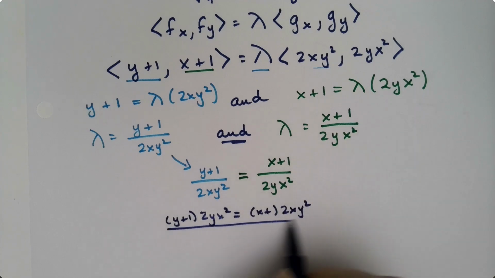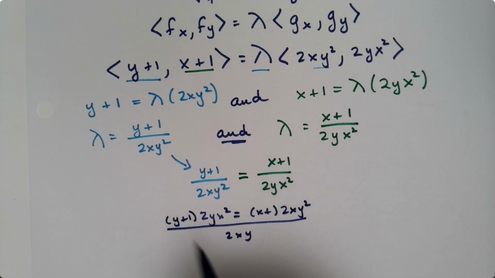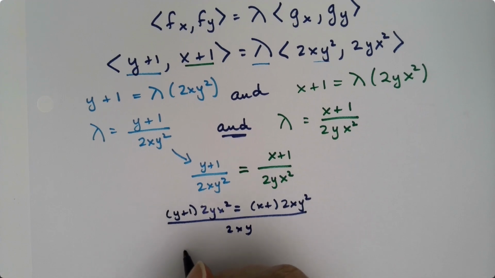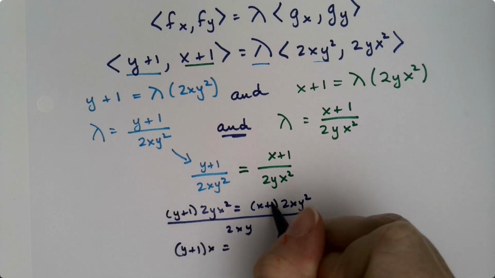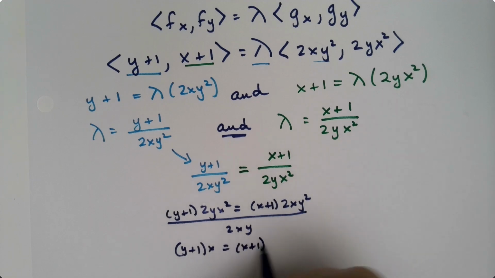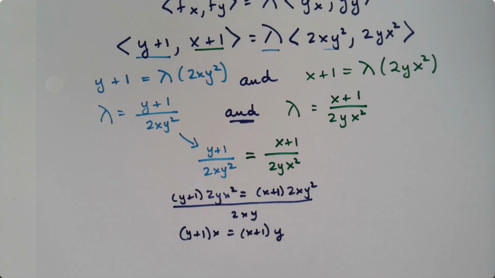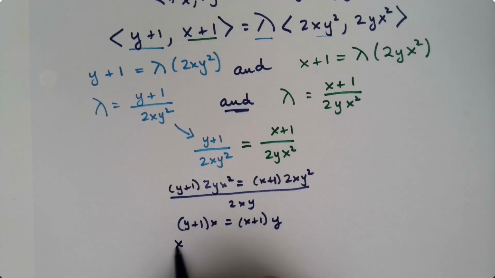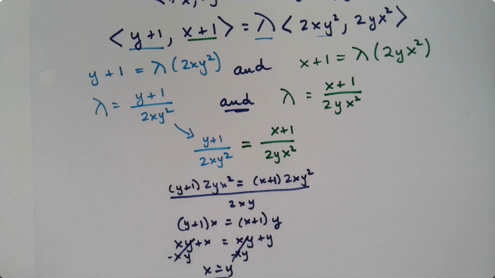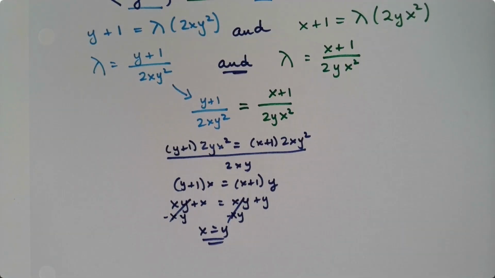I divide everything by 2xy because they all have that in common, and that'll leave me y plus 1 times x equals x plus 1 times y. So this is xy plus x equals xy plus y. Subtract the xy, subtract the xy. These are gone, and you're left with x equals y, which sure enough is exactly what would happen if I went and stuck it into Maple.